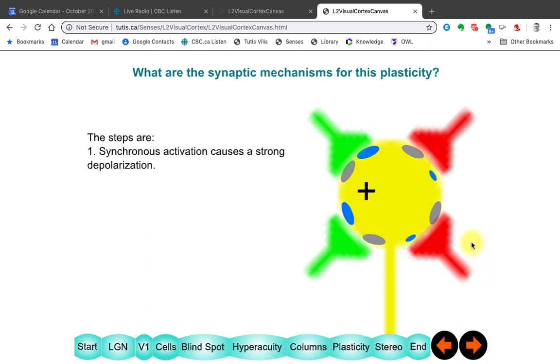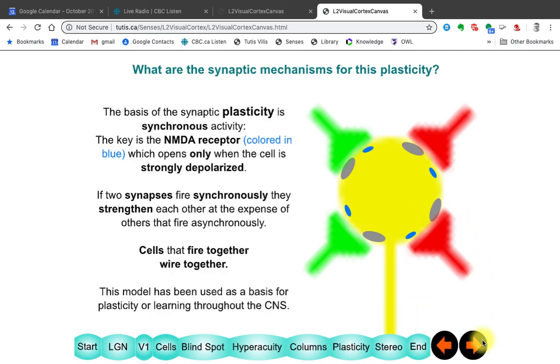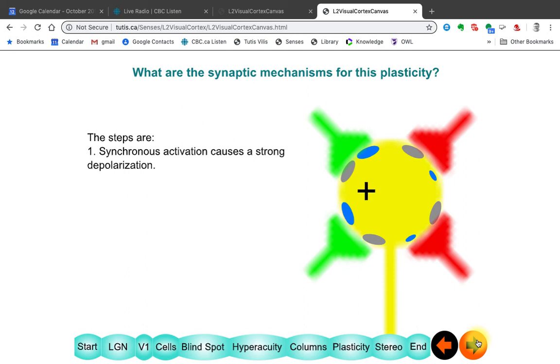Okay, that was very quick. Maybe I'll go back and do it again. Okay, you saw the little blue things flash, indicating that these two synapses fired at the same time, and then these two at different times.